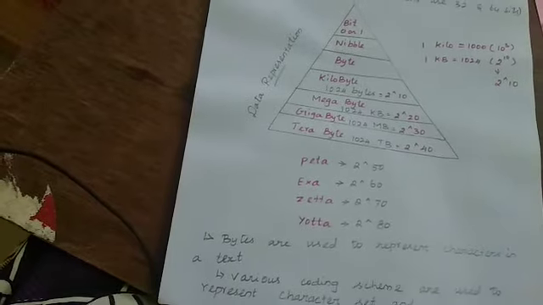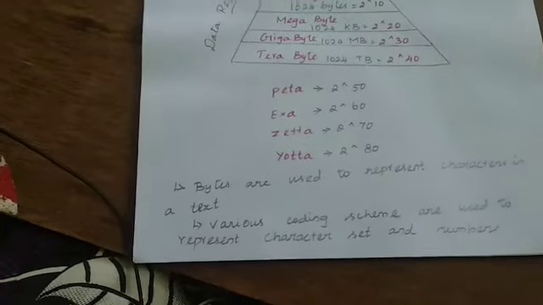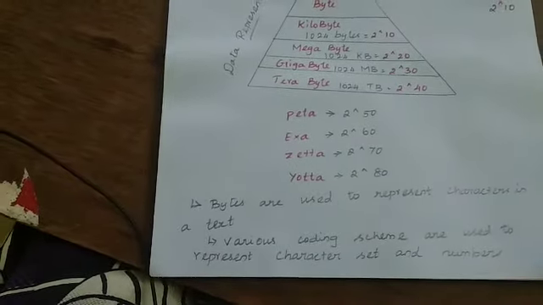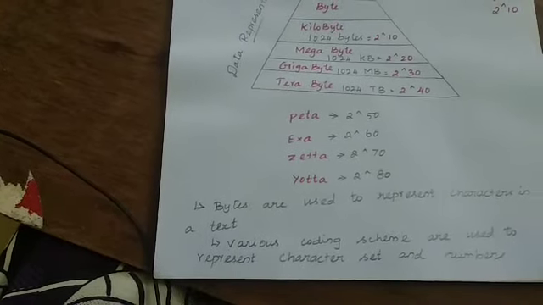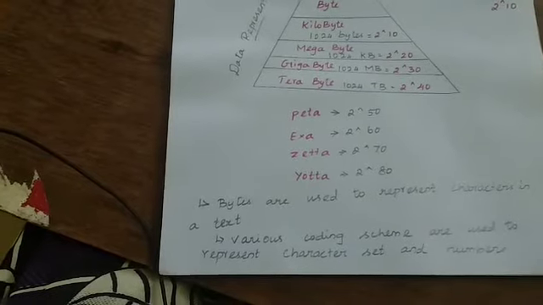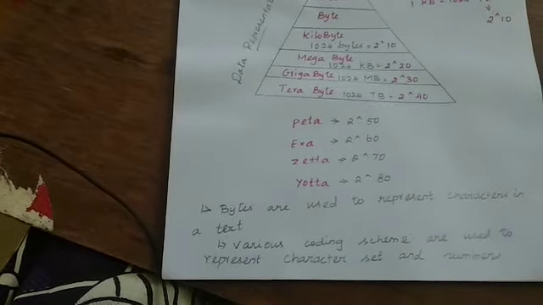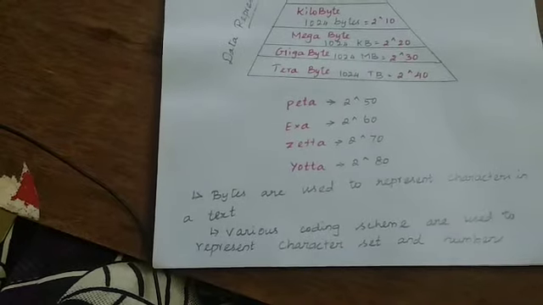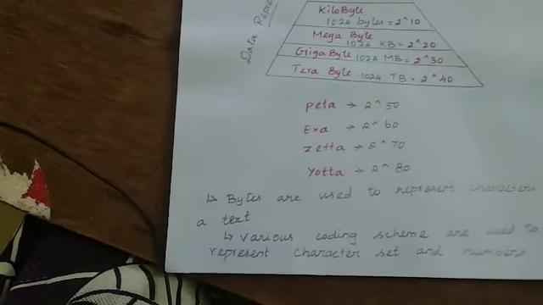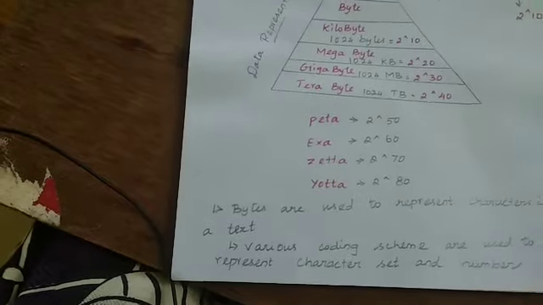To convert into the binary number system. The data we can store in our computer can be converted into binary format. For that purpose we are using coding schemes, so that we can convert the data uniquely.